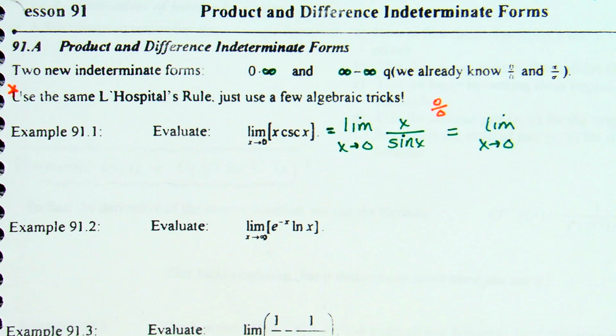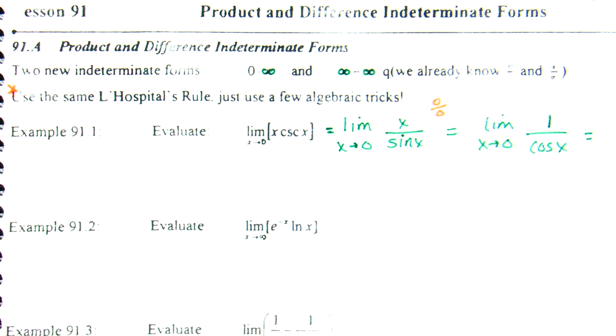I said numerator twice, but you know what I meant: the derivative of the numerator and then the derivative of the denominator. So what is the derivative of x? 1. What is the derivative of sine x? Cosine x. And now, reevaluate.